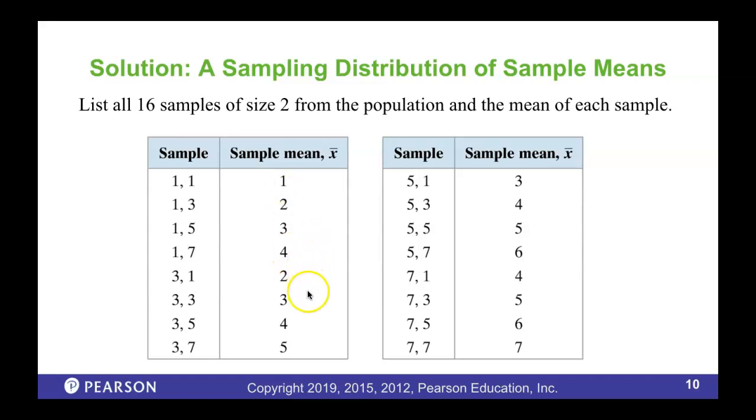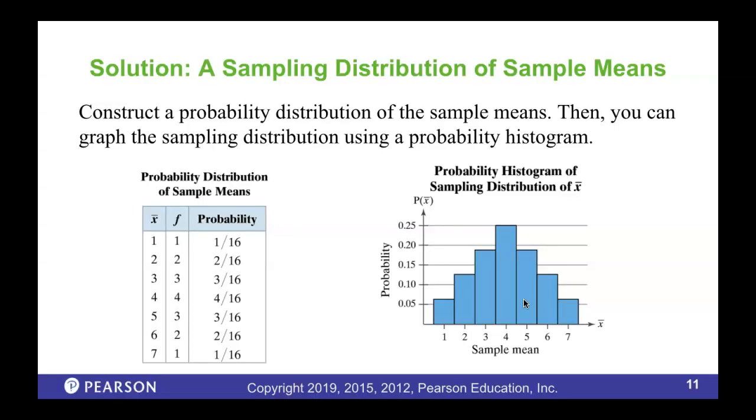There's 1, 2, 3, 4 4s appeared. How many 5s appeared? 1, 2, 3 5s appeared. So what they did was they organized this in a table. They created a probability distribution. So how many times did X bar of 6 appear? It looks like twice, which means 2 out of 16 for the total.